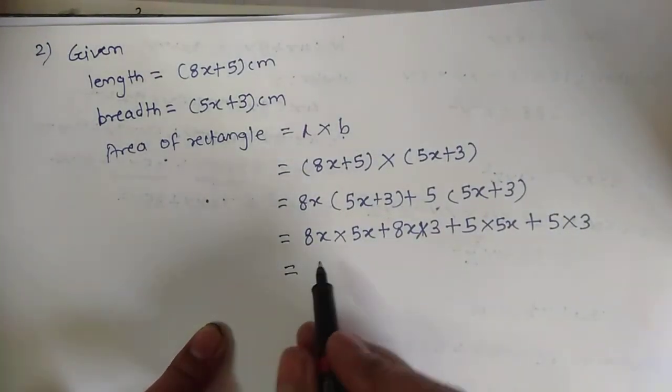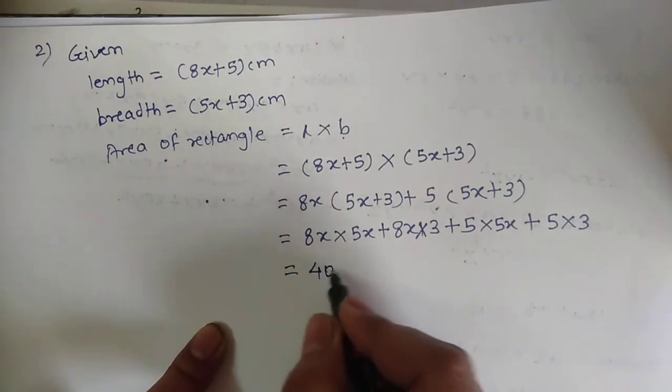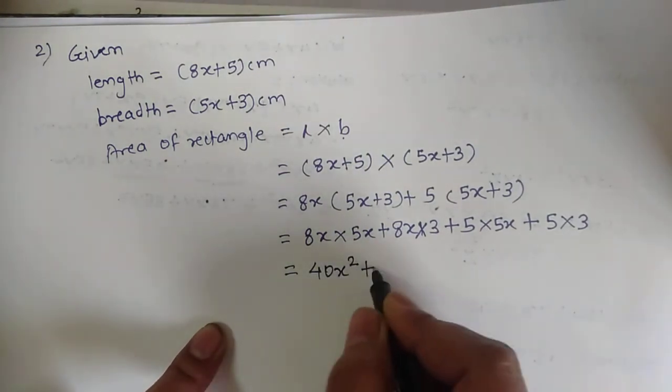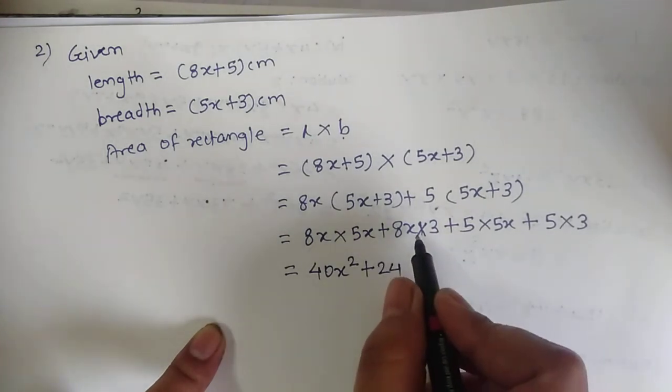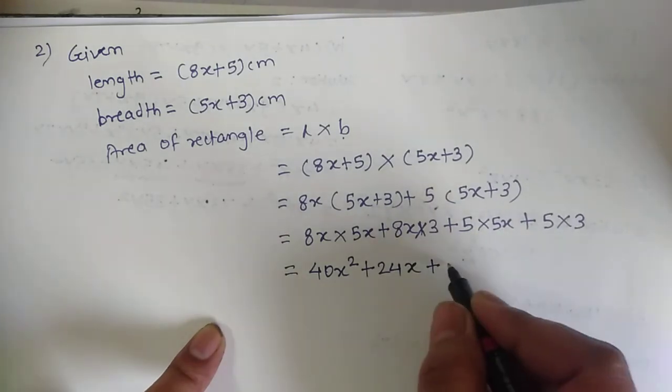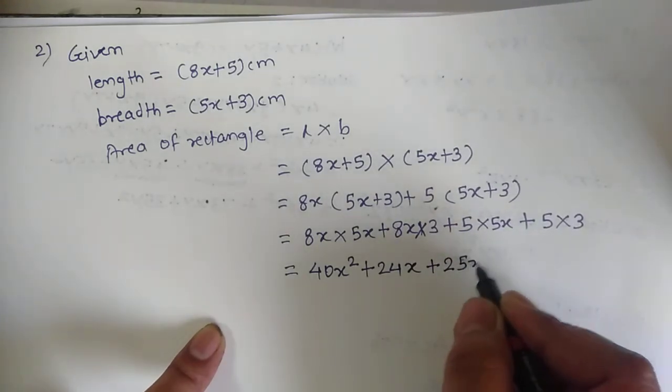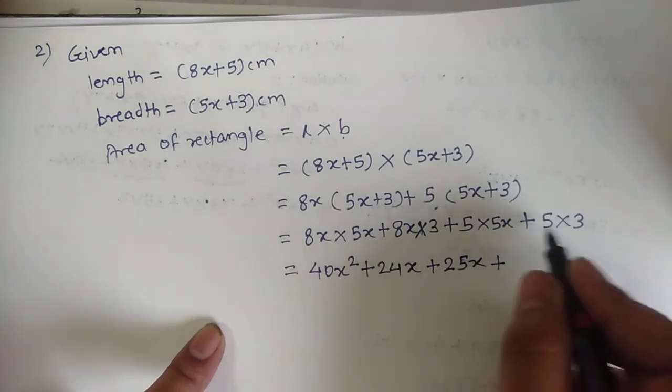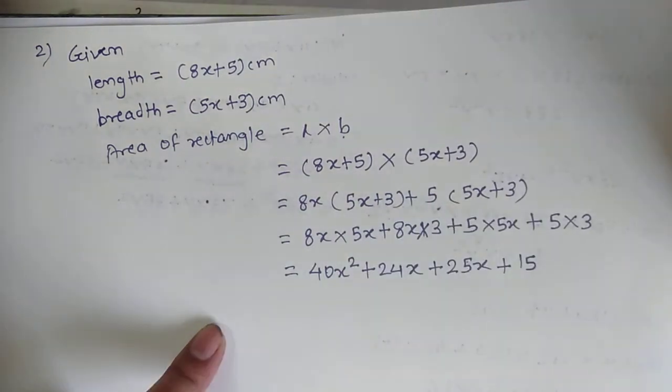Now take the calculation. So 8 5s are 40, x into x is x square, plus 8 3s are 24. Only one variable is present here, so x as it is, plus 5 5s are 25, x as it is, plus 5 3s are 15.